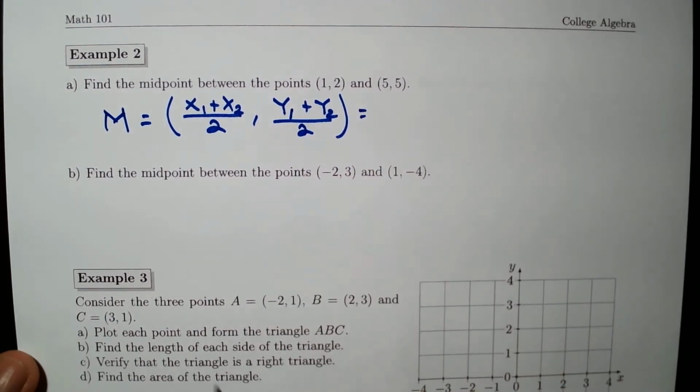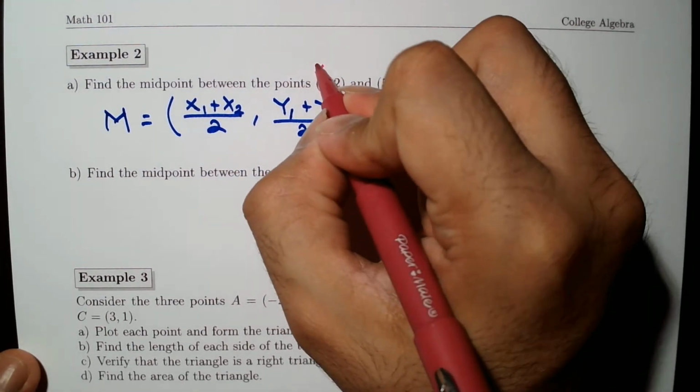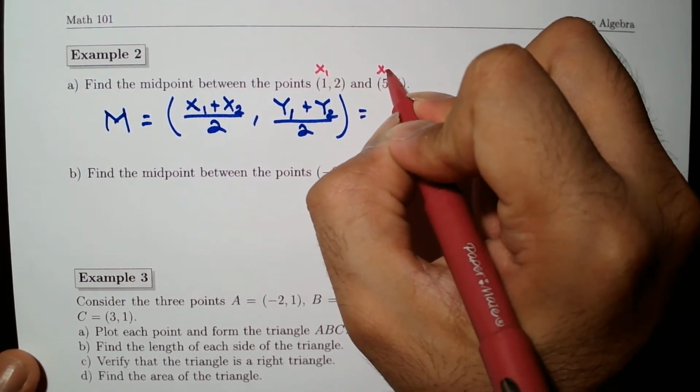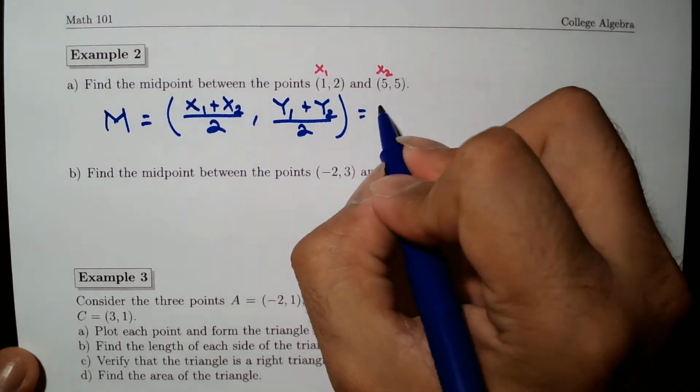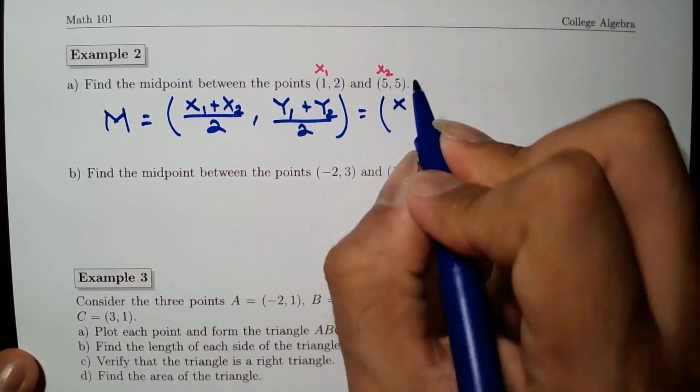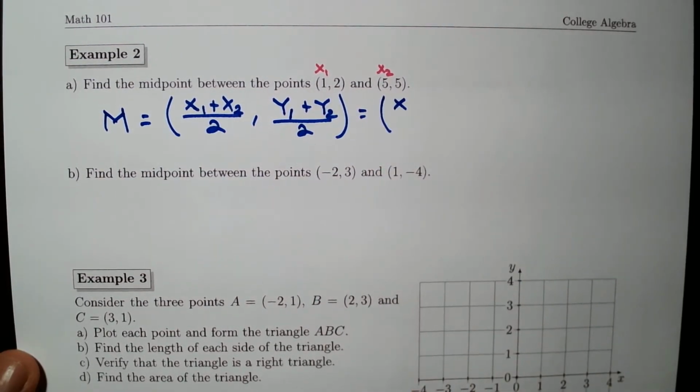Okay, so in this case, x1 is 1, x2 is 5.